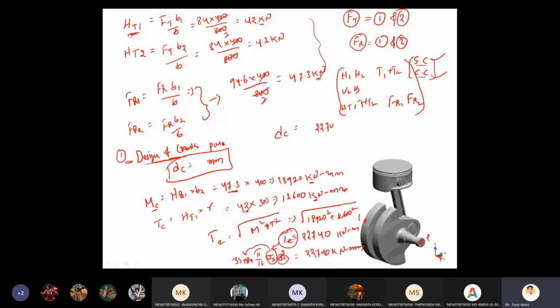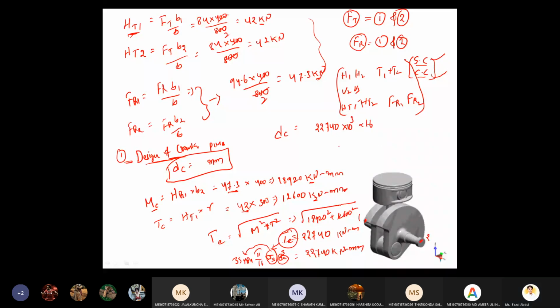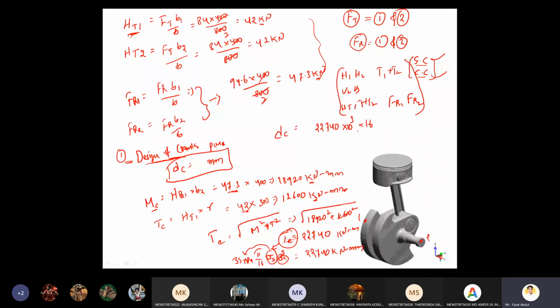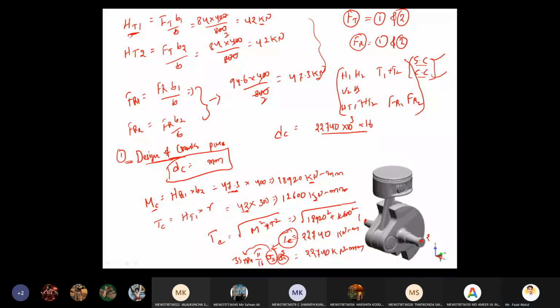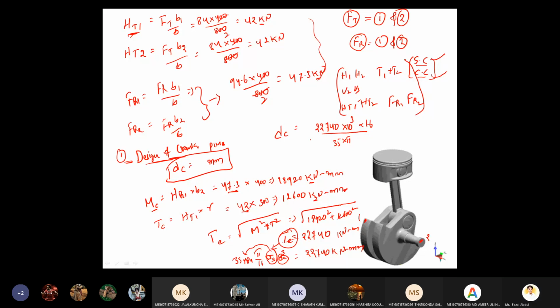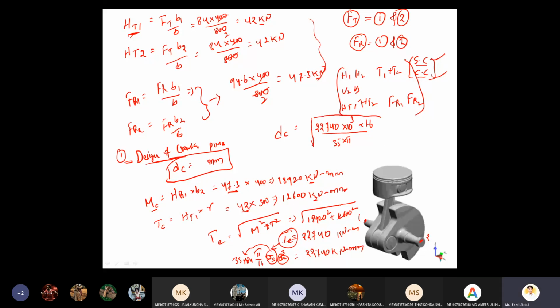DC is the cube root of 22740 into 10 to the power of 3 into 16, divided by 35 into pi. Now what is DC?